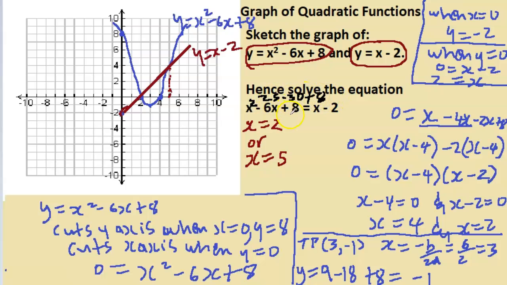That's the left hand side, positive 3. On the right hand side, you'll have x minus 2, which is 5 minus 2, which is also positive 3. So of course, x equal to 2 is a solution, and x equal 5 is also a solution.